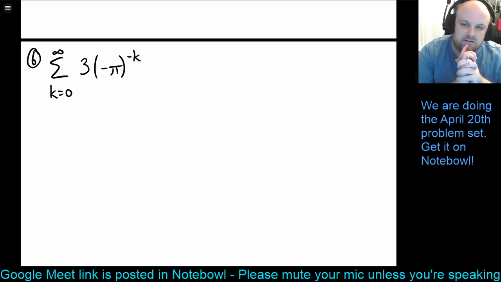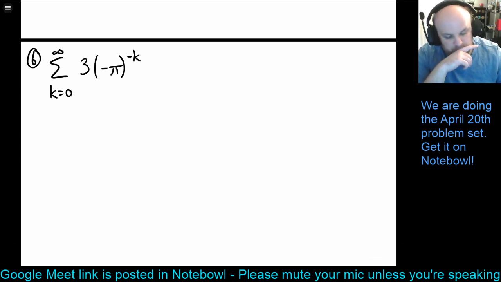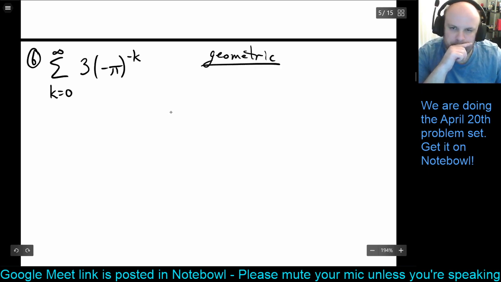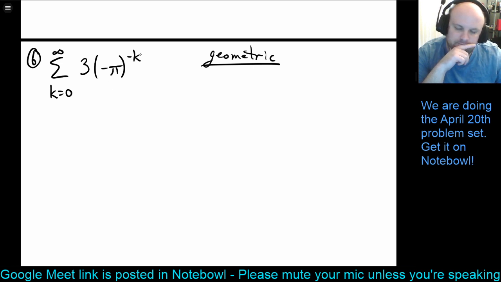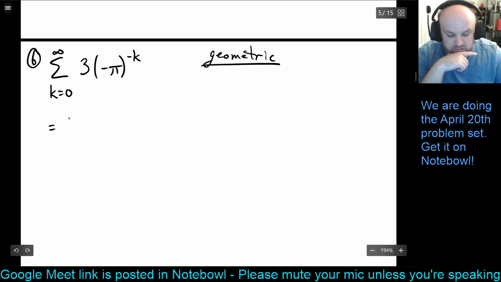So this thing here, this is actually also geometric. How? Right, this is a negative k here. So we just need to change it to a positive k. How do we do that? Well, just put the negative on the inside.